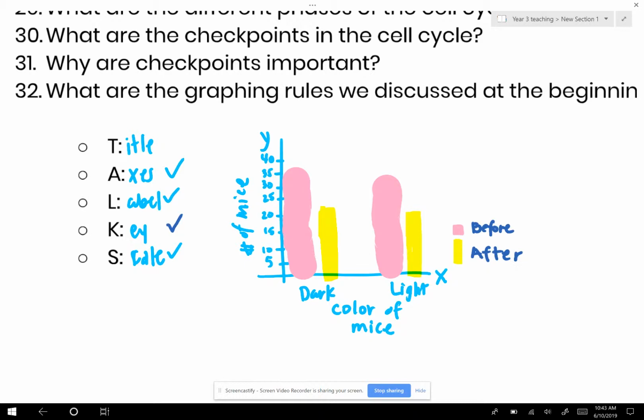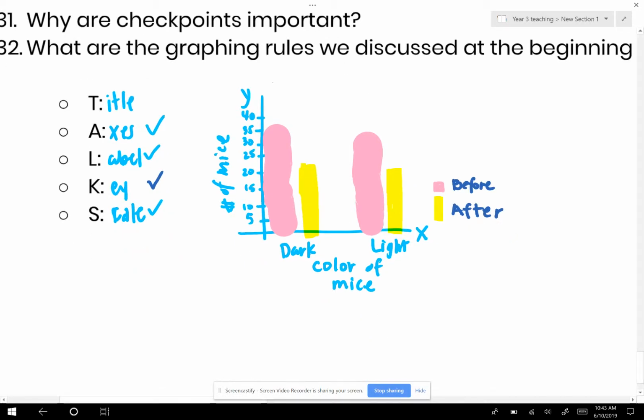So this one is going to be mice survival after predator introduction. So survival after introducing a predator would be my title, so that it tells me and gives me a context of what this graph is about.